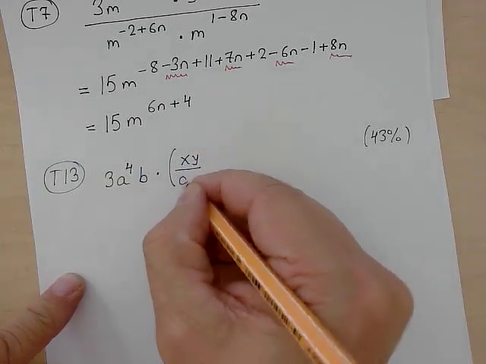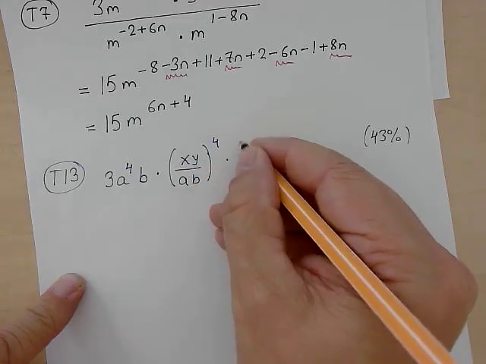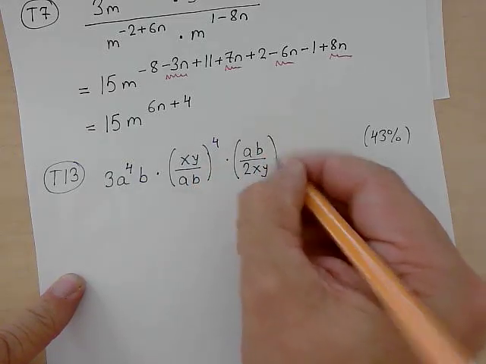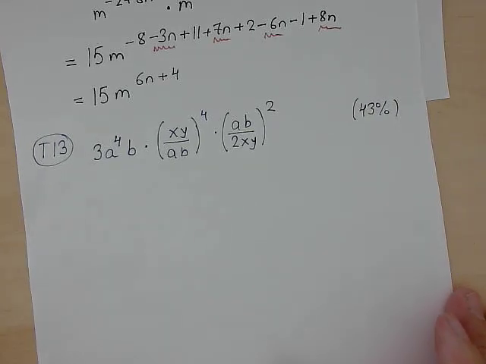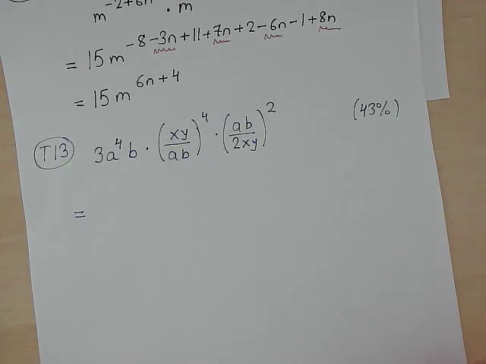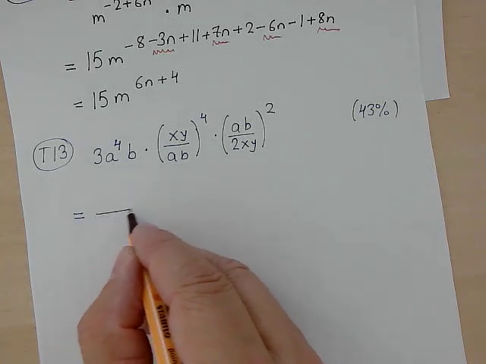Then we have this here and this here. I would draw a division line immediately here, same as I did.